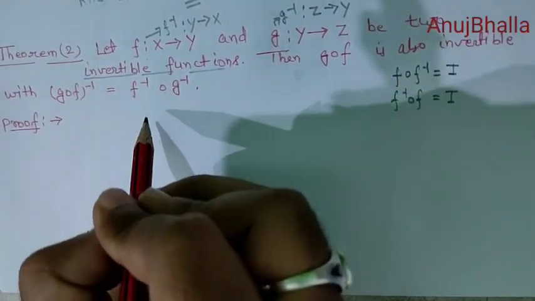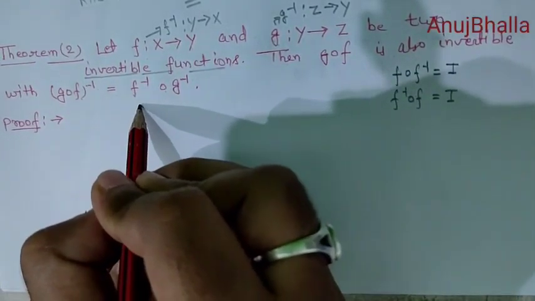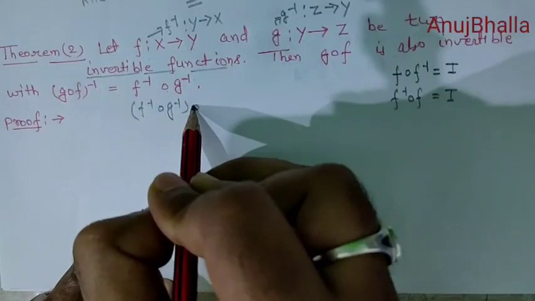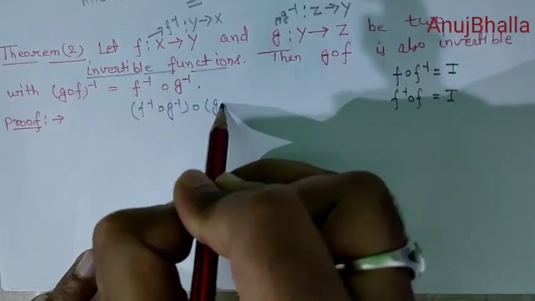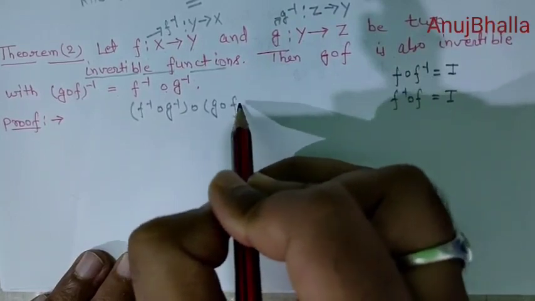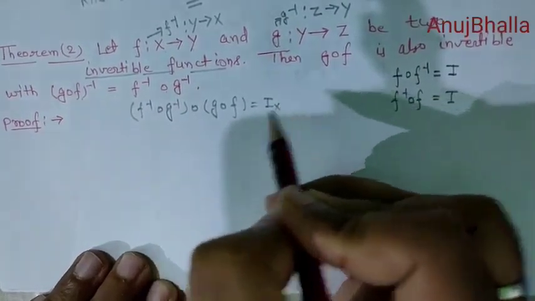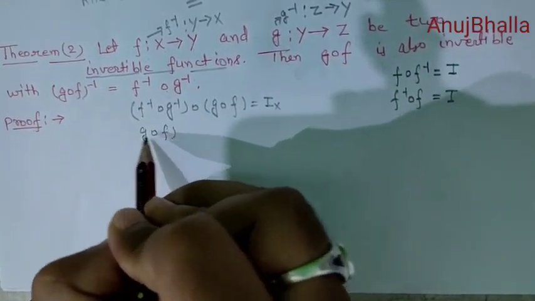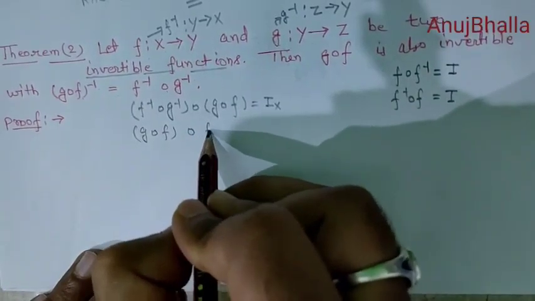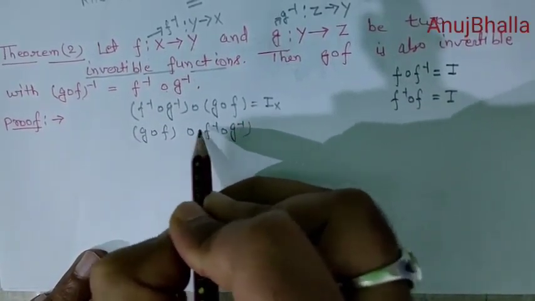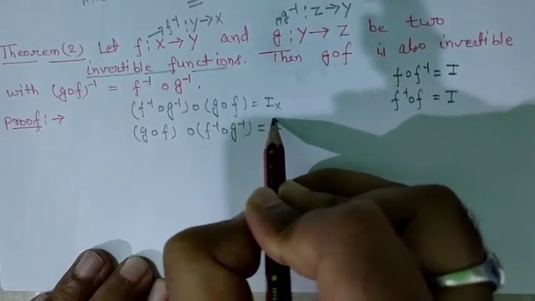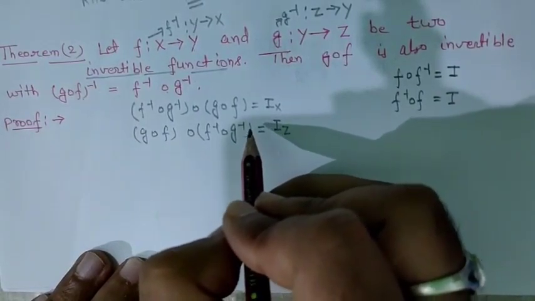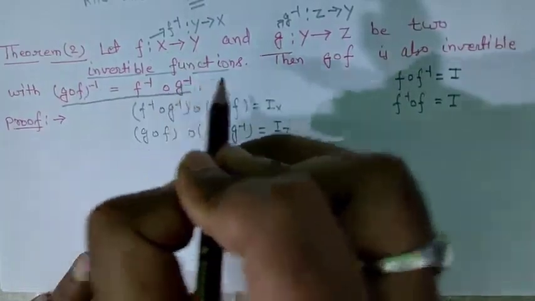Similarly here, if you show that (f inverse o g inverse) o (gof) is equal to I_X, and (gof) o (f inverse o g inverse) is I_Z, if you can show these two things, we will say this is true.